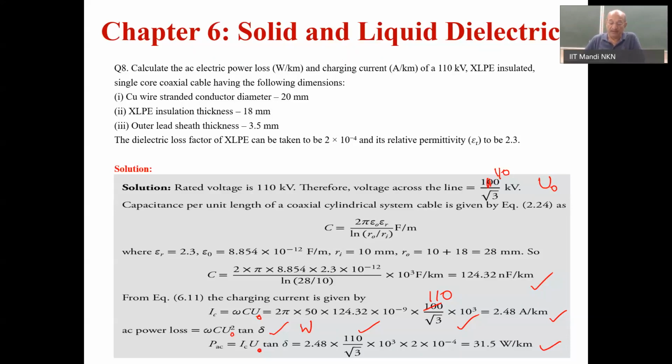That is the reason that polyethylene is always cross-linked and used in high voltage cables, and XLPE has taken over as the most suitable dielectric for high voltage power cables all over the world.